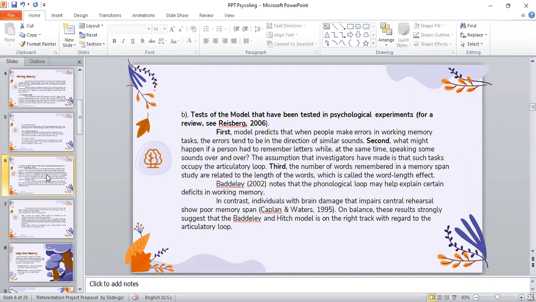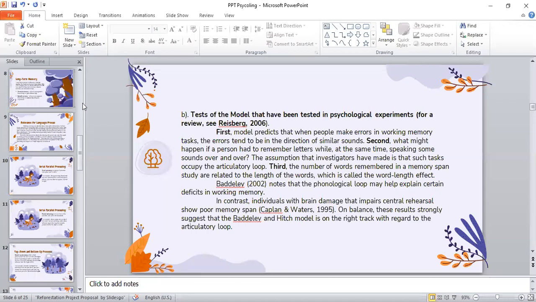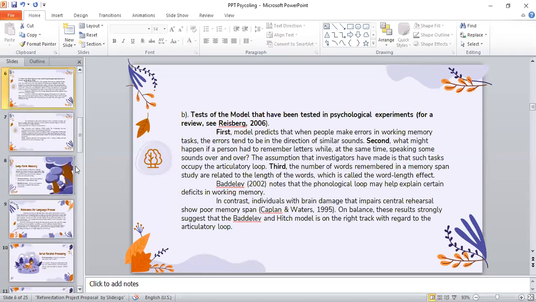Suppose a person were presented with a series of letters visually. What might happen if a person had to remember letters while at the same time speaking some sound over and over? The assumption that investigators have made is that such tasks occupy the articulatory loop, thus reducing the possibility that the loop can be used to rehearse the letters to be remembered.